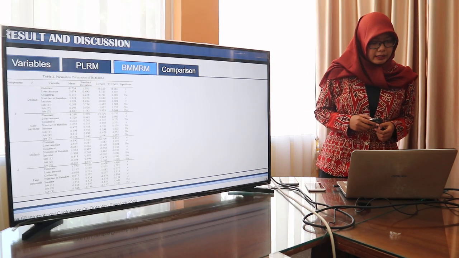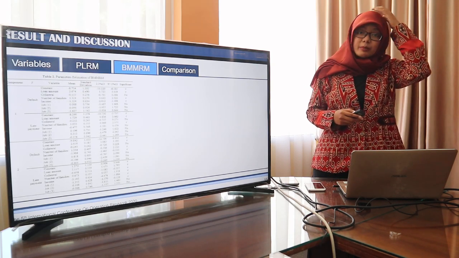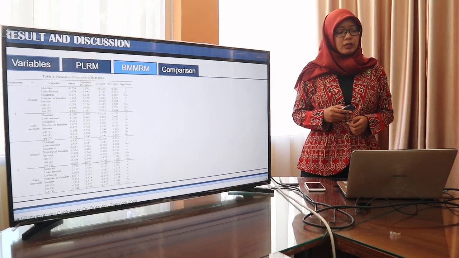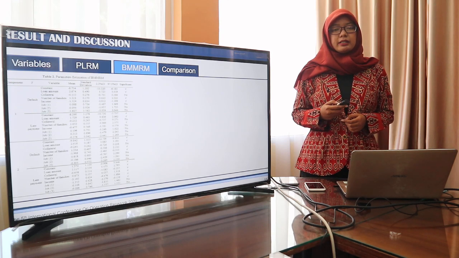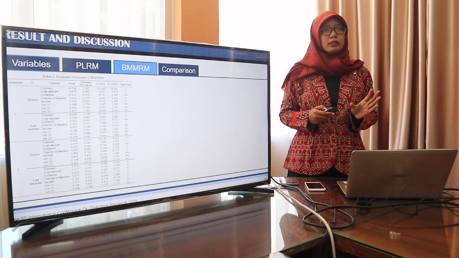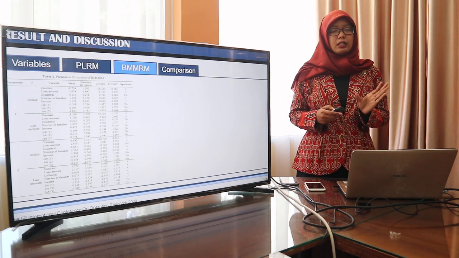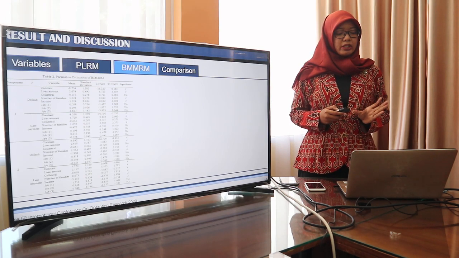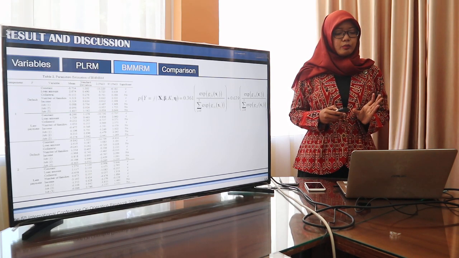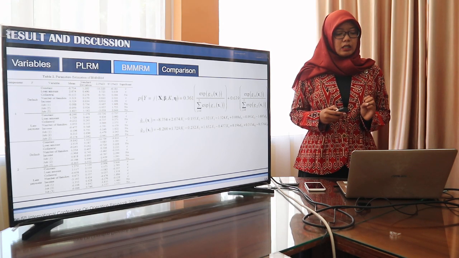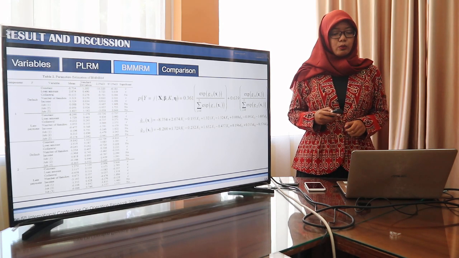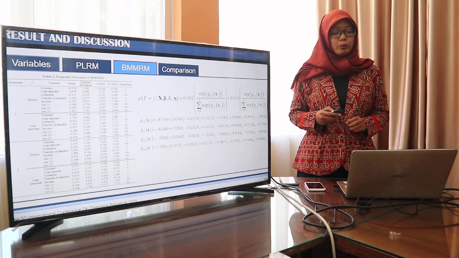And the result of parameter estimation of BMMRM is given in table 2. The parameter is significant when the range of the credible interval doesn't contain 0. Based on table 2, the model of BMMRM can be expressed as follows, where this is the model of component 1 and this is the model of component 2.